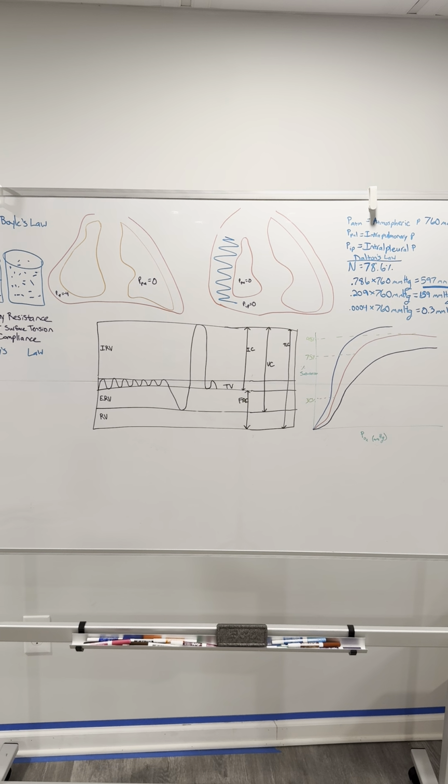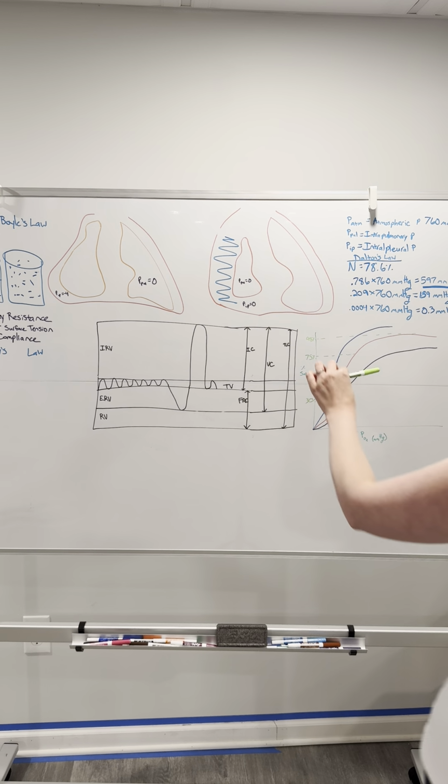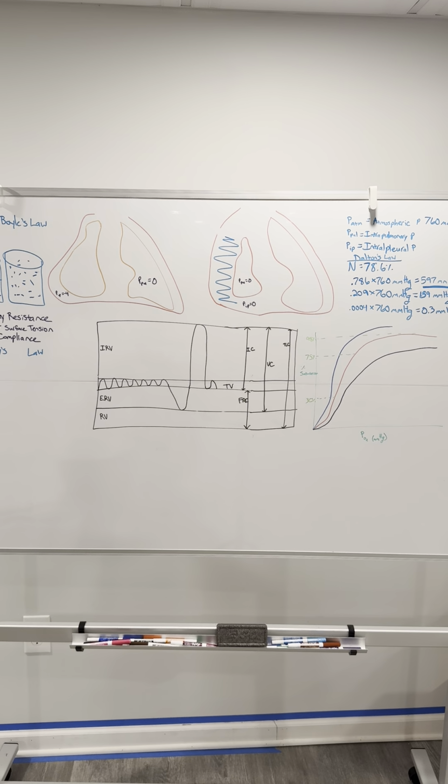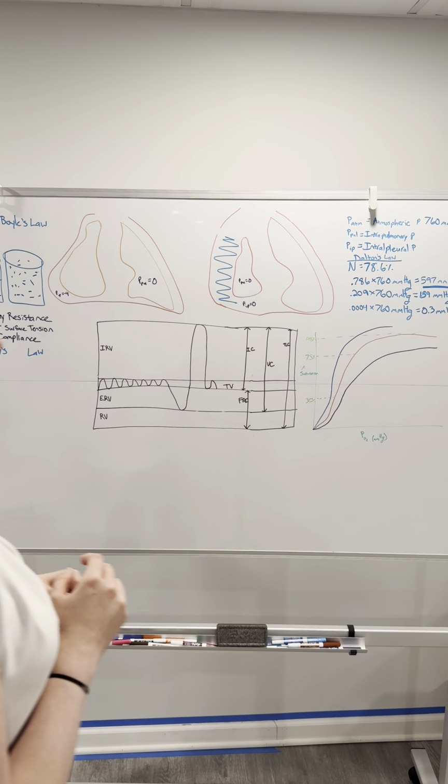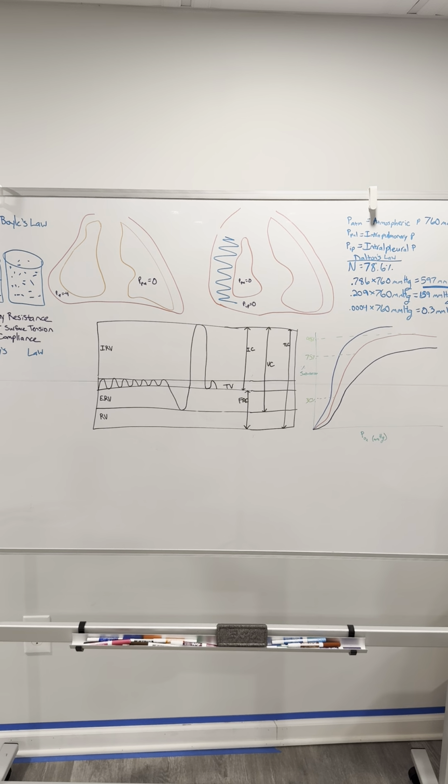But if we have a decrease in pH, a high blood carbon dioxide level, a high temperature, or we'll talk about BPG later, then the curve moves to the right. This is known as the Bohr effect. So, what is the Bohr effect?